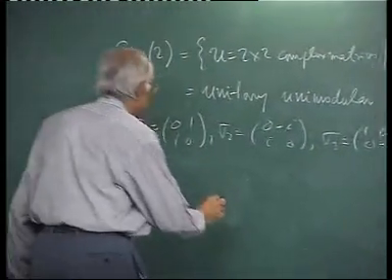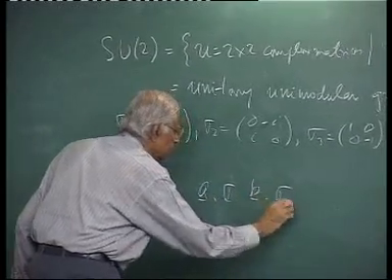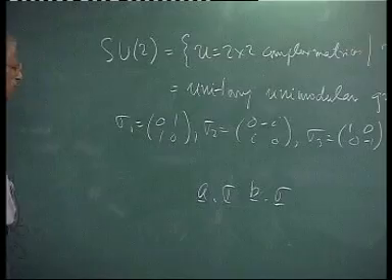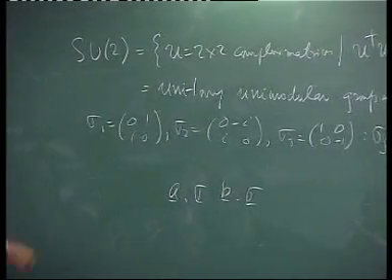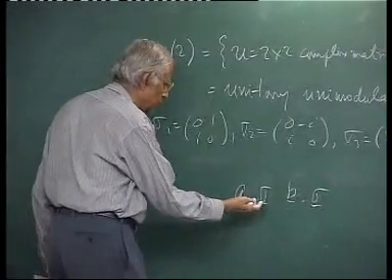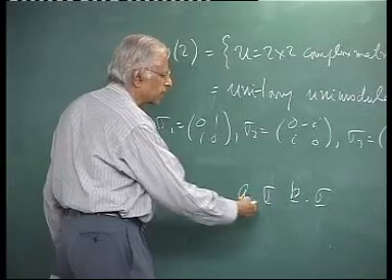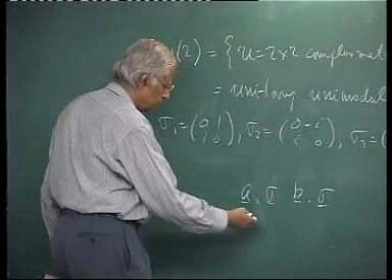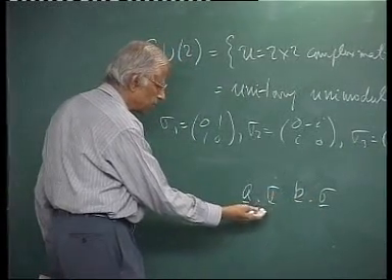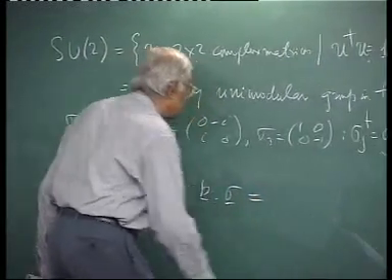There is a very simple mnemonic which one often uses. If you take 2 numerical vectors a and b and you construct this product a dot sigma, b dot sigma, these are 2 by 2 matrices. And if a and b are real, these are Hermitian matrices. This is a1 sigma 1 plus a2 sigma 2 plus a3 sigma 3 and so on. So what is this equal to?